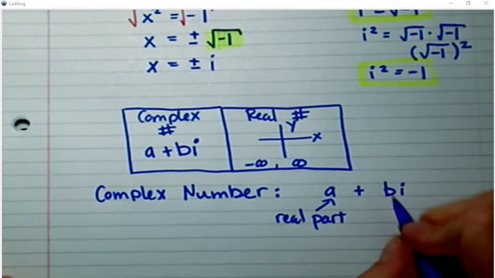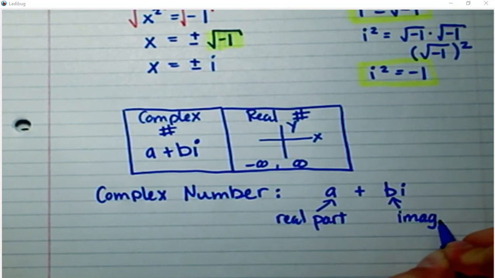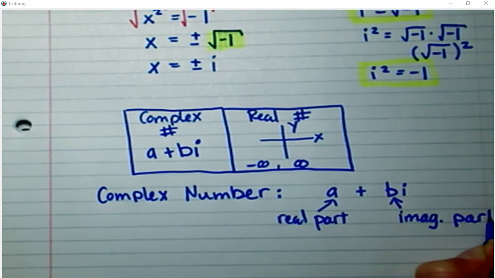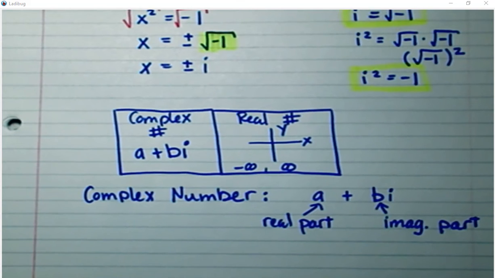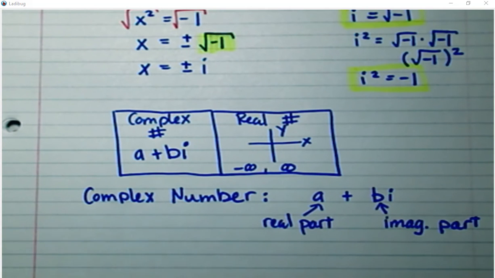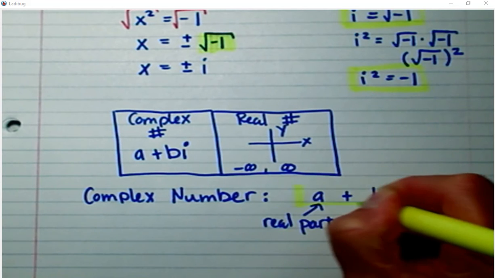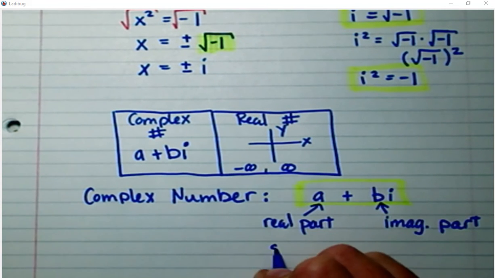Okay. bi is the imaginary part. This is the general format for how we write our answers. This is called standard form. Okay, so this is how we want to write. Okay, this is standard form.